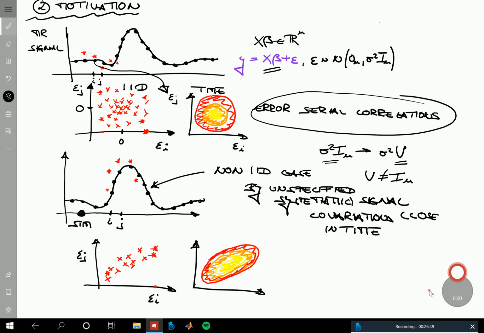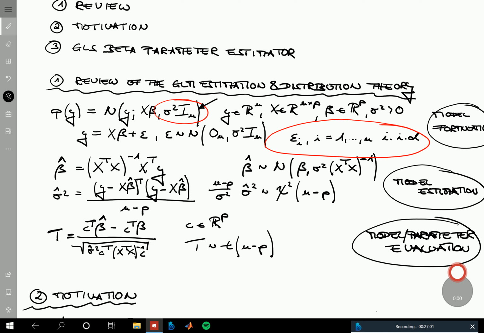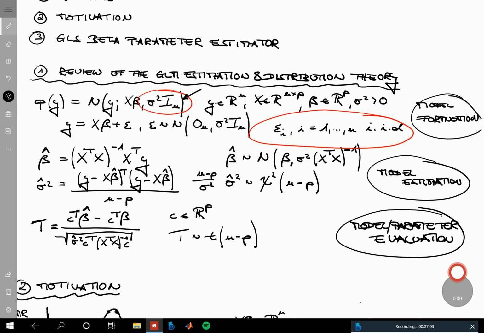So the first thing that happens if you have such a scenario is that, of course, this assumption of the GLM is violated. Yeah, so it just doesn't hold anymore, and hence there is no guarantee that specifically the estimator formulas or the distributional properties of these estimators hold.